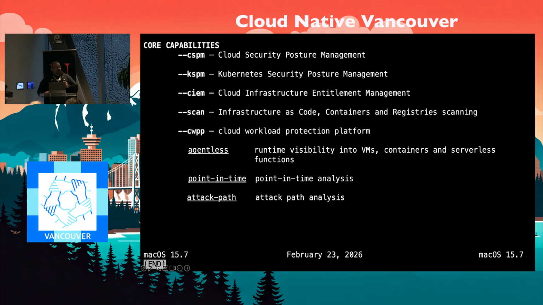And CWPP is a cloud workload protection platform. Inside of a CWPP, there are a few capabilities that are mandatory. It needs to have a CWPP running agentless. You cannot have a CNAPP solution with only an agent-based CWPP. You need to have an agentless capability.